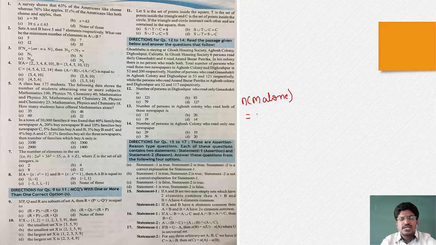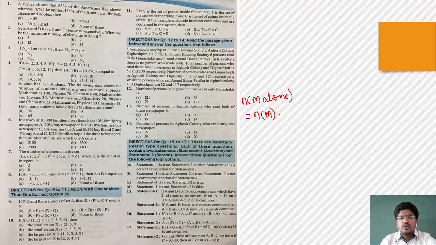If you want to answer n of M alone, this will be hidden in n of M. So the total number of students studying mathematics will give you n of M alone. That means you have to separate the students who are studying physics, chemistry and other subjects from n of M, so that you will get n of M alone.